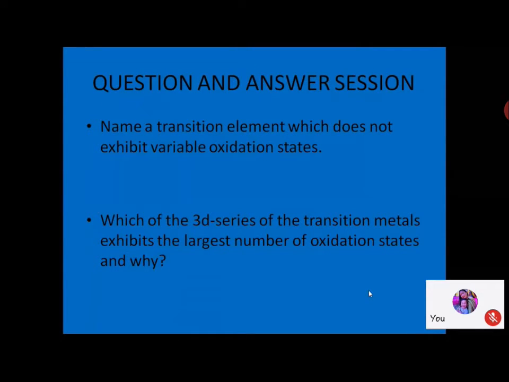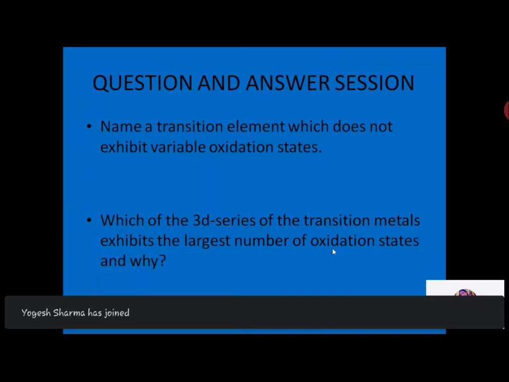Correct. Again, a transition element which does not exhibit variable oxidation state is scandium, and in the 3d series, manganese shows the largest number of oxidation states because it contains the highest number of unpaired electrons.